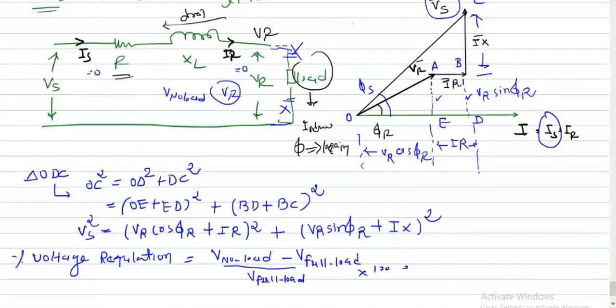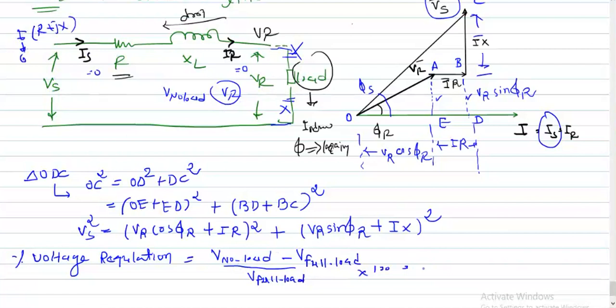If I consider Is equal to 0, the sending end voltage is the same as the receiving end voltage because the current is 0. In I into R plus jX, where I becomes 0, the drop is almost 0.